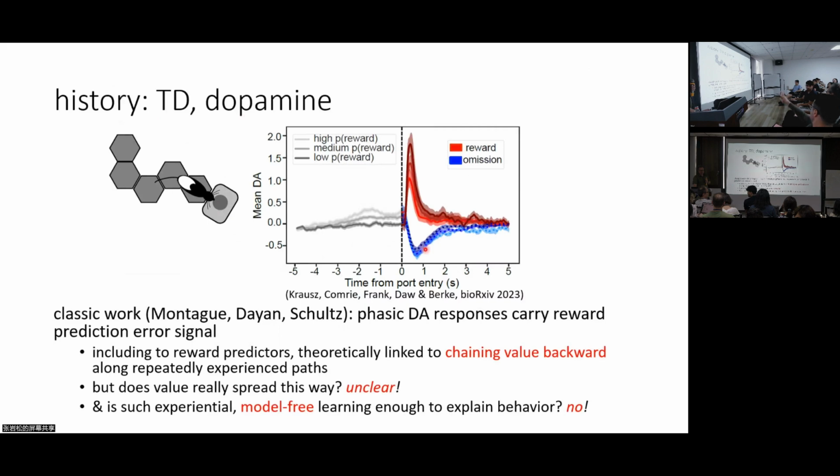He doesn't know which one. So yes, if he doesn't get the reward, there will be an omission, but you can actually see it here, right? Those plots are cropped here, right?